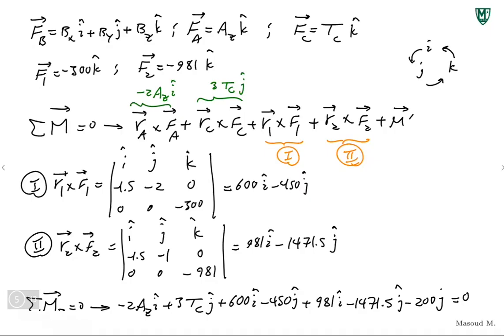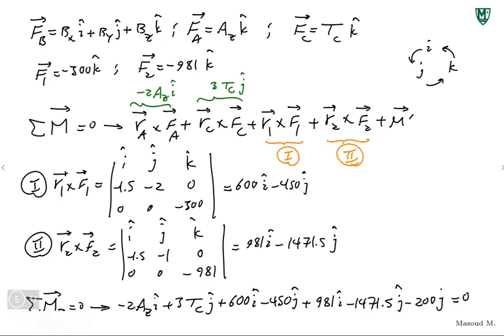Now, since it's equal to 0, x components, y components, and z components should each be equal to 0. I can just separately write them here. So, I components, which is basically what we are trying to say is summation of moments in x direction is equal to 0. What does that give us? Go back and pick the I components.